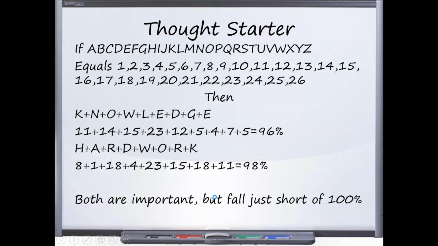First, I want to start out with just a thought starter for everybody. One of those things that somebody threw at me at one of the meetings we had. If you take all the letters A, B, C, D, E, F, G all the way through and you assign them a number 1 through 26, take a look at the fact that when you spell out the word knowledge, the K equals 11, the N equals 14, and as you go across there, that number equals 96%.